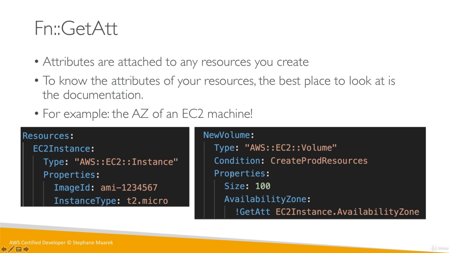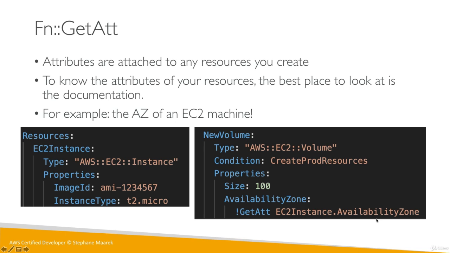But the important thing here is that if you look at the properties, the size is 100 and the AZ is using the GetAtt function, EC2.AvailabilityZone. So the EC2 instance is coming straight out of this name on the left hand side, and then the dot tells GetAtt what we want to get out of it. So we want to get the availability zone.